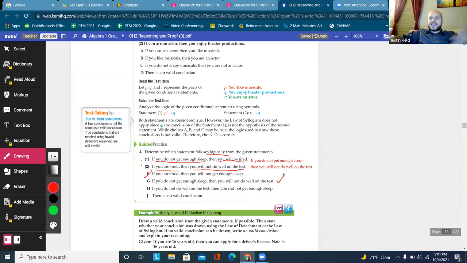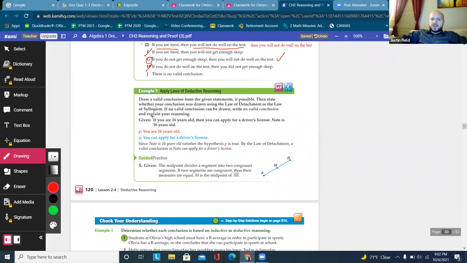Yes, that is exactly what I said. That's the law of syllogism. If you do not do well on the test, okay, that's a conclusion. We can't start off with that one. Then we can't go backwards. That's backwards. There's no valid conclusion. What? No, G is right. Okay, all right.